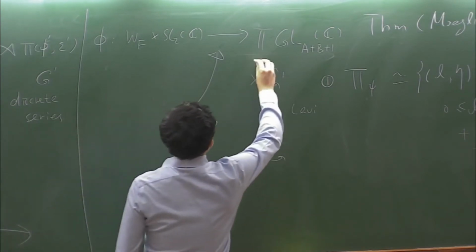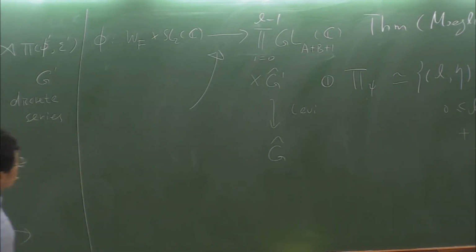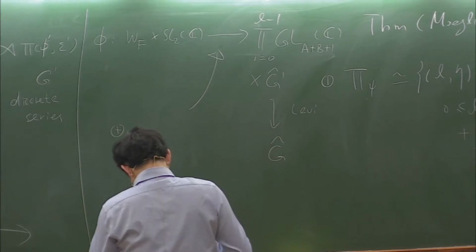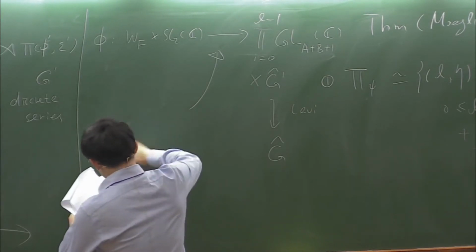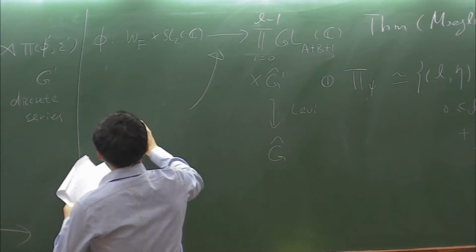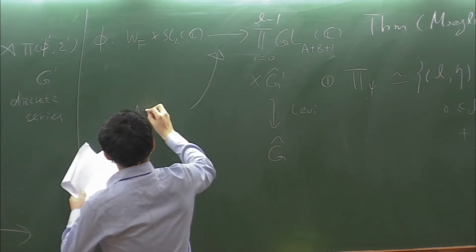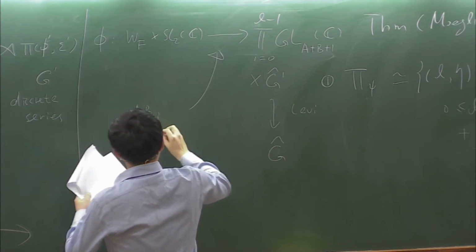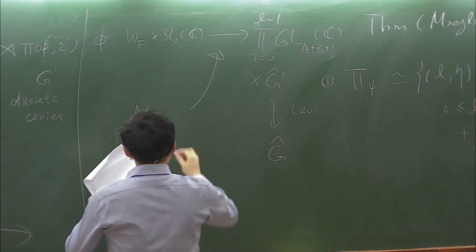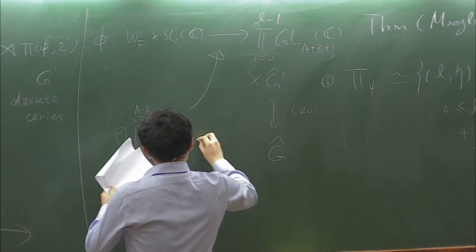On the general linear factors, it takes the form like this. It's going to be some shift by this unramified character, and then you tensor with a Steinberg representation.